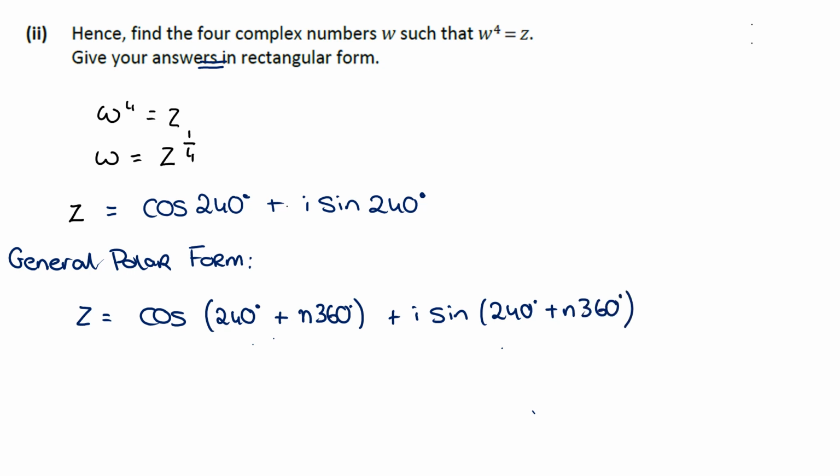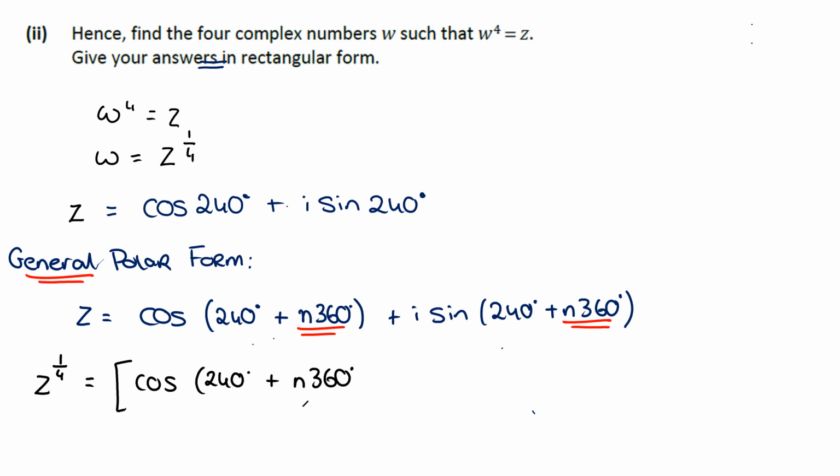So this piece, the general, is this plus n times 360, where n is a positive whole number. So now we're going to take z in the general polar form and raise it to the power of a quarter. So we get cos of 240 degrees plus n 360 plus i sine 240 plus n 360, and that's all to the power of a quarter.